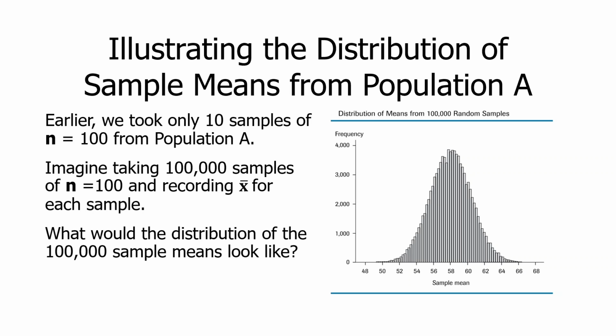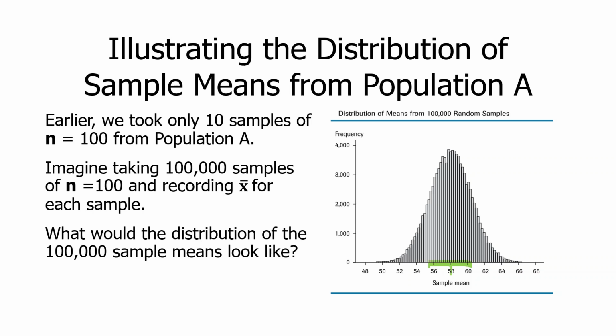If we go out here to 60.5, and then we come down here, say to 55.5, that interval contains 68% of all possible sample means. If we go out to 63 on the high end, or down here to 53 on the low end, that interval contains 95% of all possible sample means.